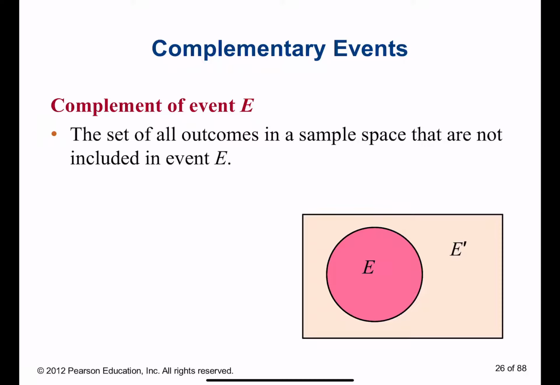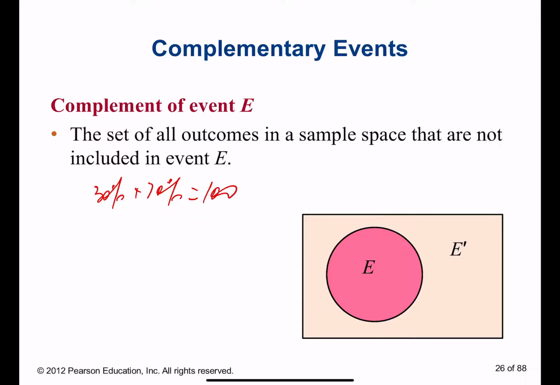Complement. What is the complement of an event? If I say there is a 60% chance that it's going to rain, the complement is a 40% chance it's not going to rain, right? If I say there is a 30% chance the sun is going to shine, that means a 70% chance the sun is not going to shine. So it's a complement. The bottom line is, if I add this 30% with 70%, I'm getting 100%.